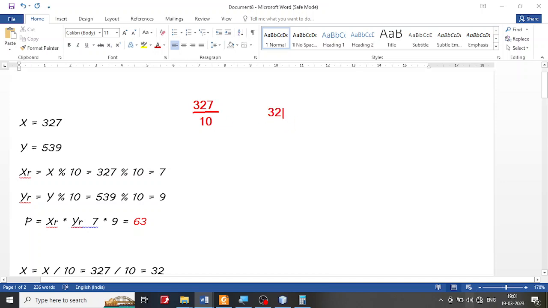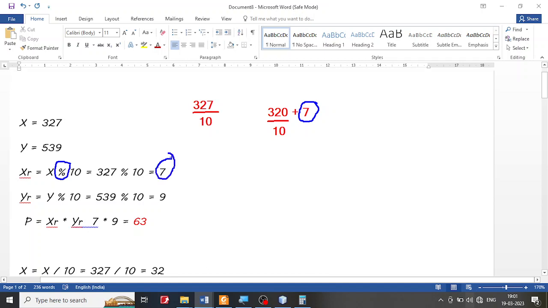Remember, 327 is 320 plus 7. You know very well, 10 will divide 320 exactly, but 10 cannot divide the 7. So what is the remainder? This is called the remainder or mod or modulus operator. So the remainder of 327 divided by 10 will be 7.